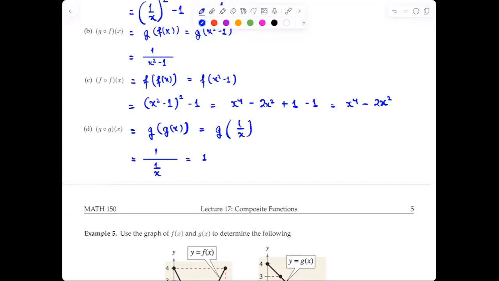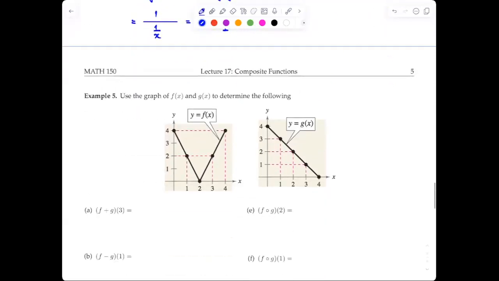Just give me 1 times x over 1, or just x, for the answer. Cool. Good. Questions? All right. So we have done some algebraic approach for finding composite functions.